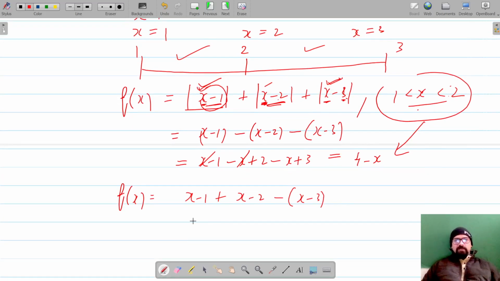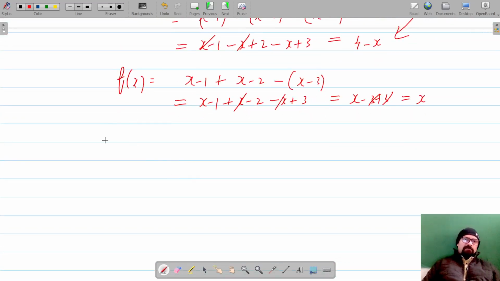Now if I open this, it is x minus 1 plus x minus 2 minus x plus 3. The x terms cancel, and finally we have minus 1 minus 2 plus 3, which reduces this function to x.